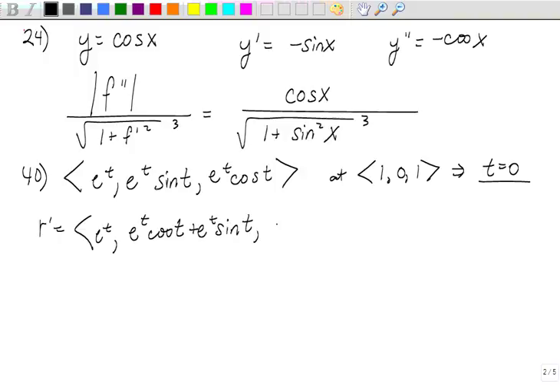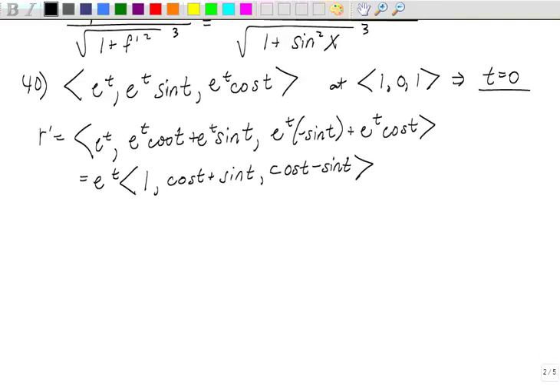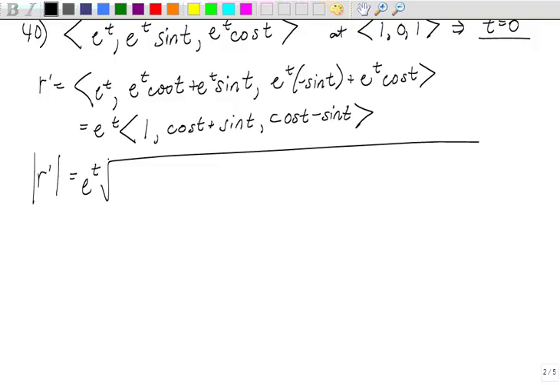I'm using the product rule. Factor out an e to the t. Okay, to take the magnitude of that, that's going to be the square root of e to the t squared. So e to the t is going to come out because it's positive.